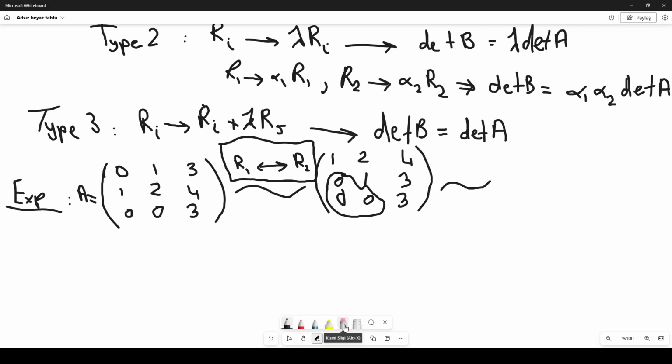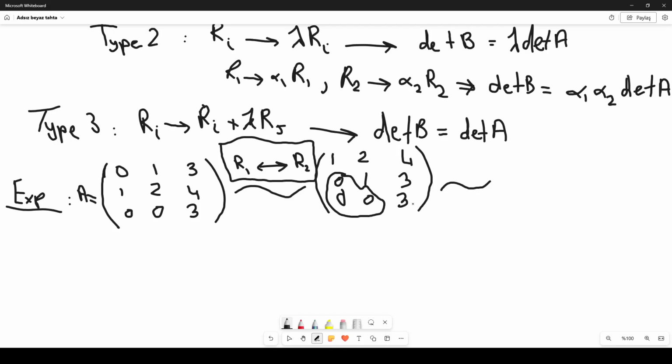If you notice, I already have an upper triangular matrix, because below the main diagonal all the values are equal to 0. And if we have an upper triangular matrix, it is easy to find the determinant value.